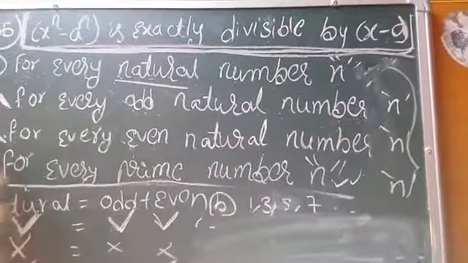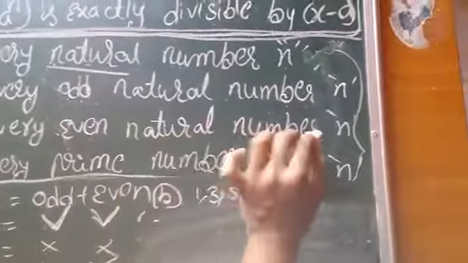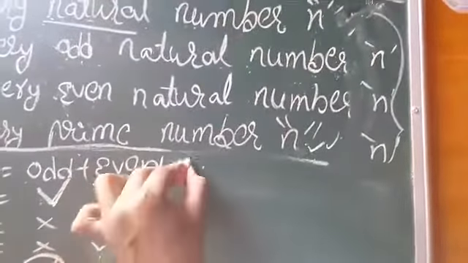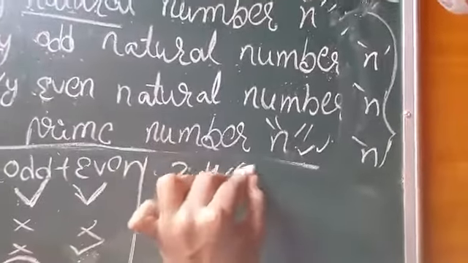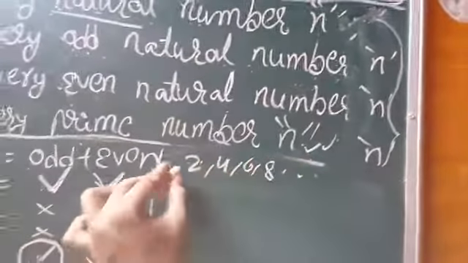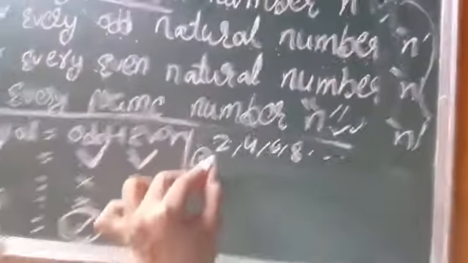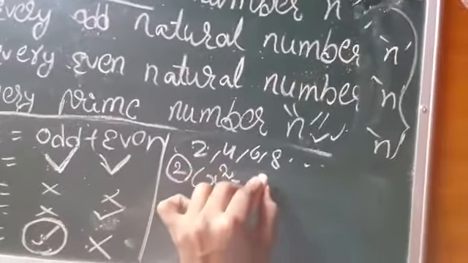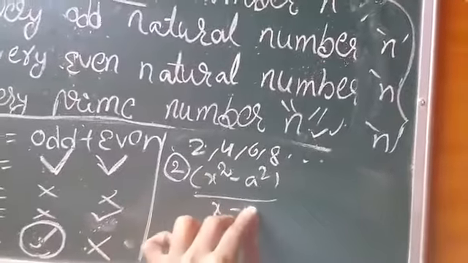Let us check option C, for every even natural number n. What are the even numbers? 2, 4, 6, 8 and so on. So let us take 2 as the even number, x square minus a square divided by x minus a.